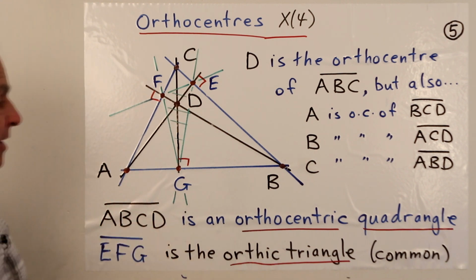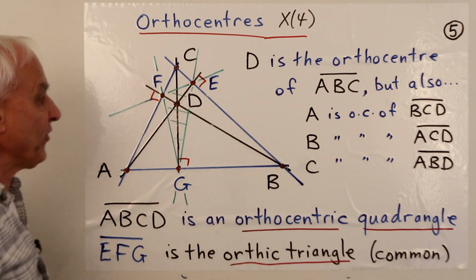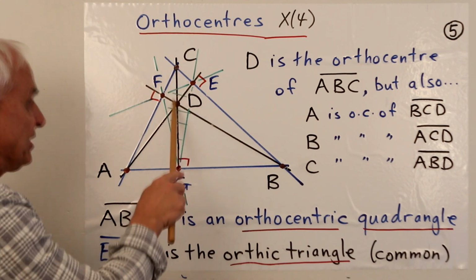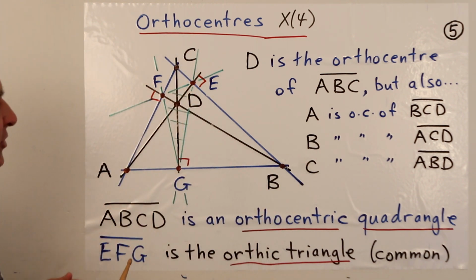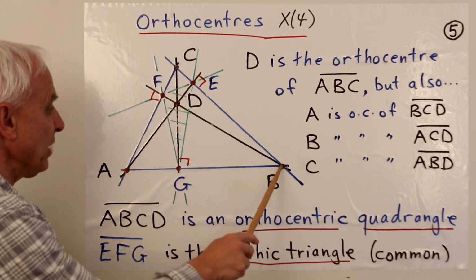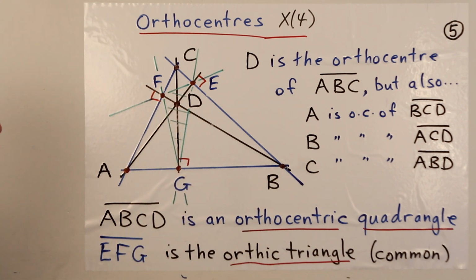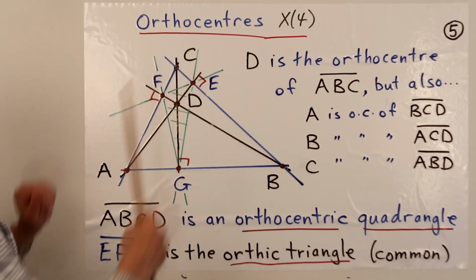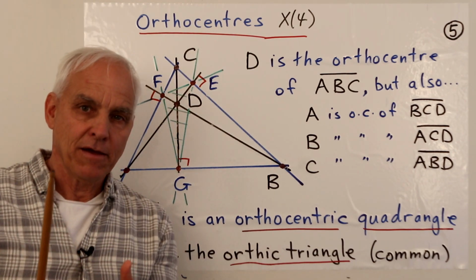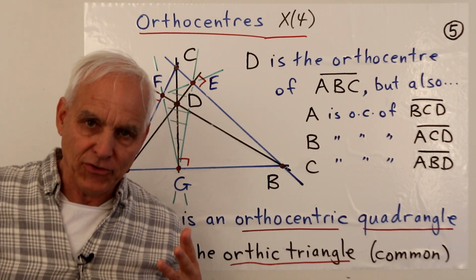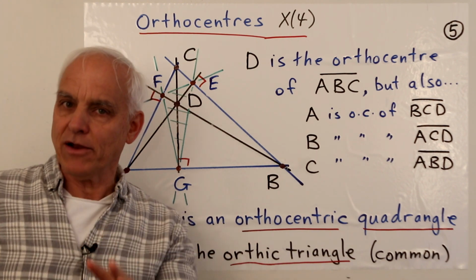And similarly, B is the orthocenter of the triangle ACD. And C, this one here, is the orthocenter of the triangle ABD. So when we just look at a diagram like this, we actually can see 4 different orthocenters of 4 different triangles.